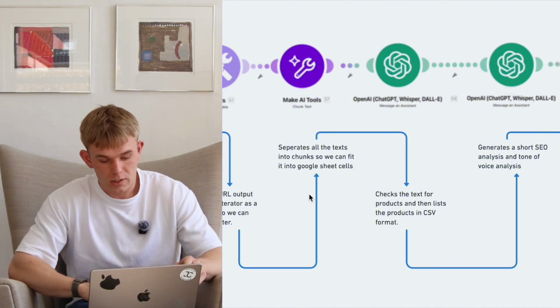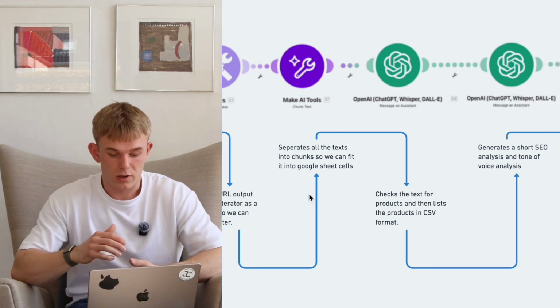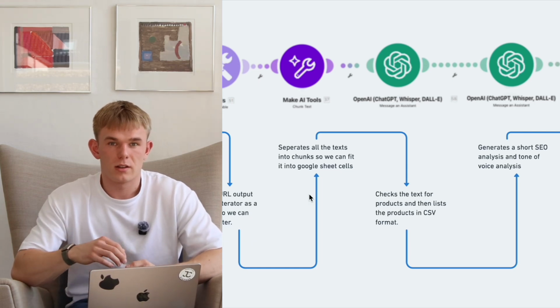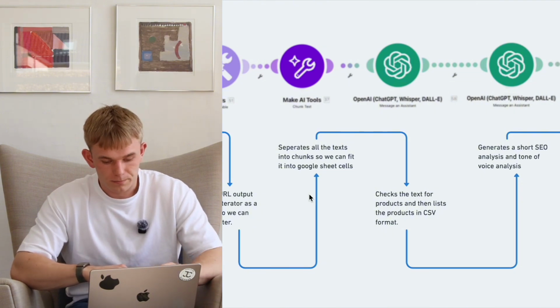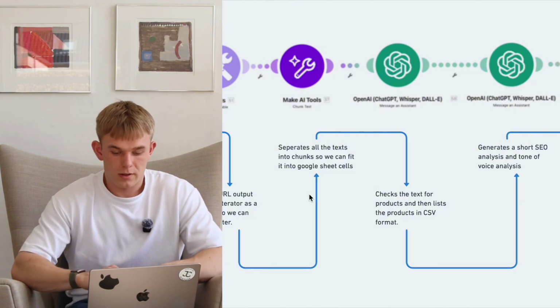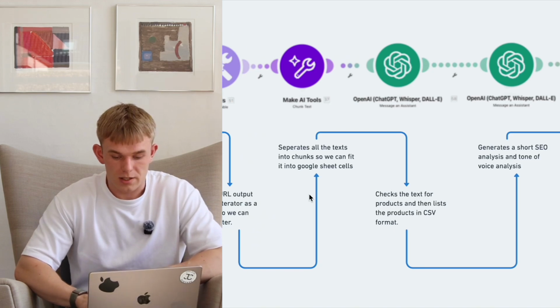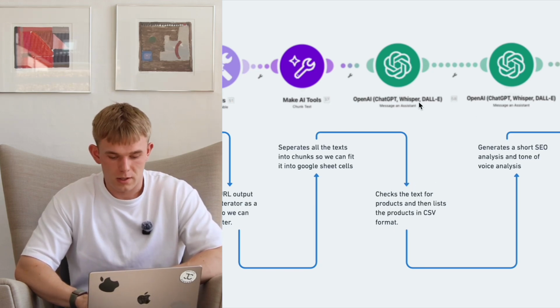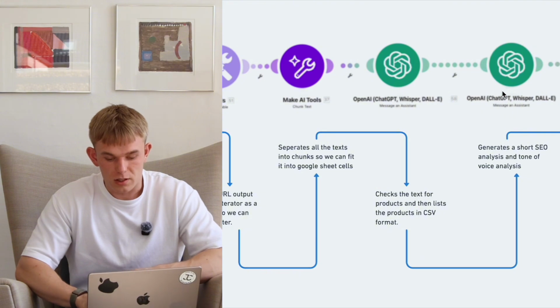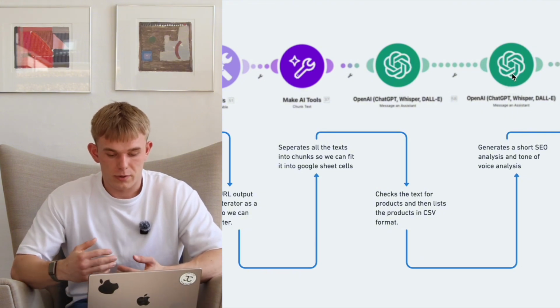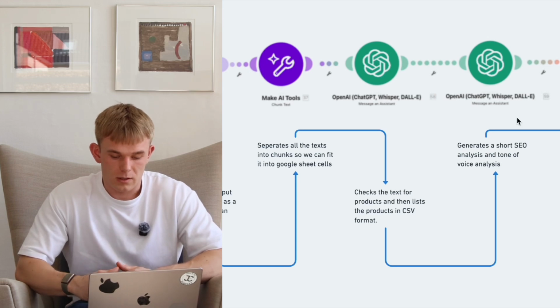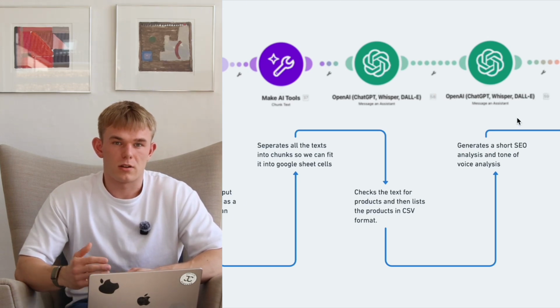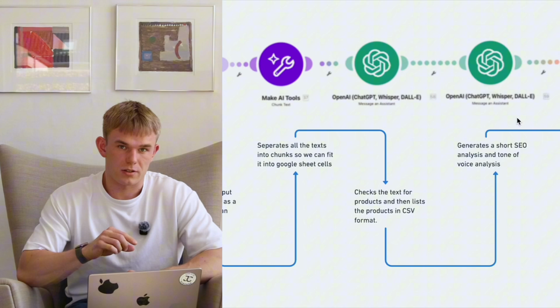This assistant checks the text for products and then lists the products in CSV format. Then we have another message and assistant module, which generates a short SEO analysis and tone of voice analysis based off of these text chunks.